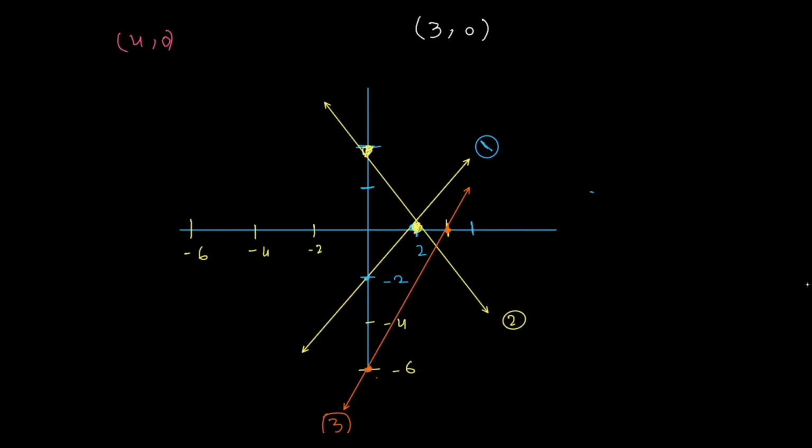Once again, the inequalities are x minus y is less than or equal to 2, and x plus y is less than or equal to 4, and 2x minus y is less than or equal to 6.